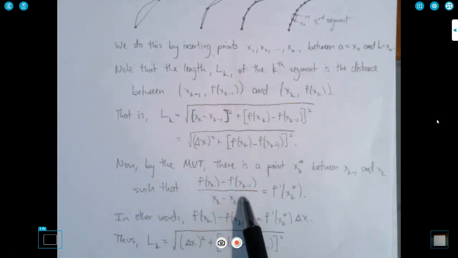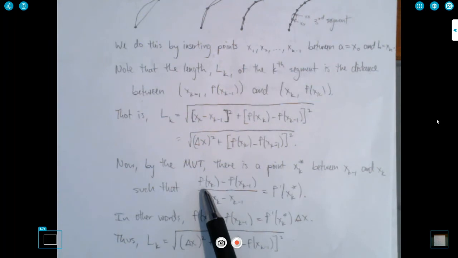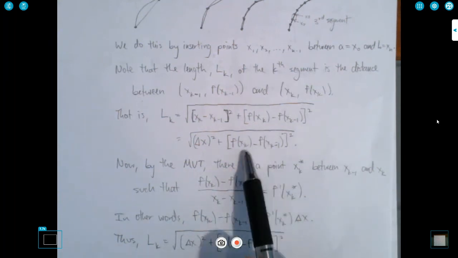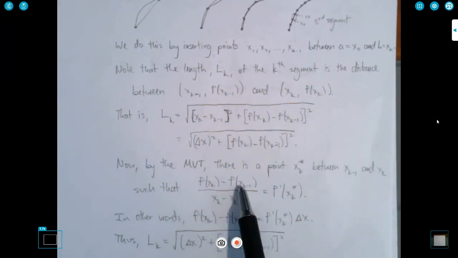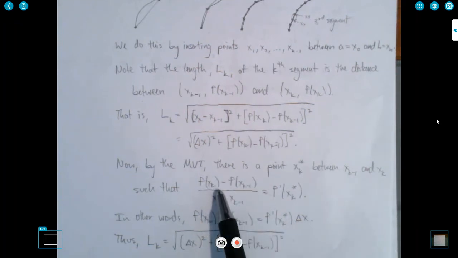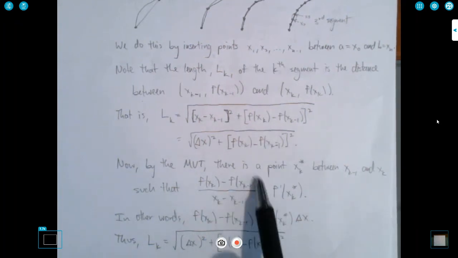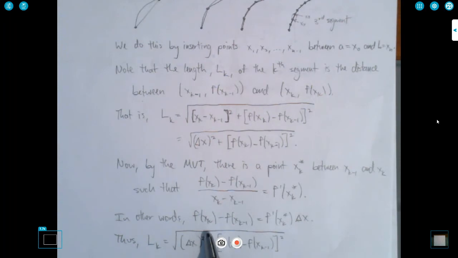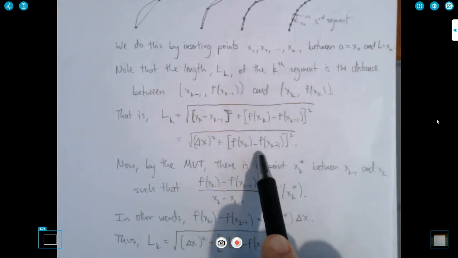Well, so if we solve this equation for the numerator, f of x sub k minus f of x sub k minus 1, then we see that f of x sub k minus f of x sub k minus 1 is f prime of x sub k star times delta x, right? Because x sub k minus x sub k minus 1 is just delta x. Okay, now we make that replacement.